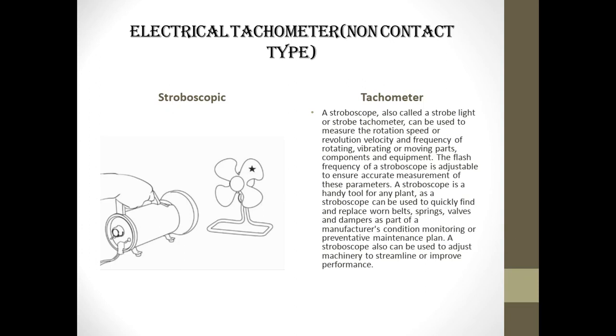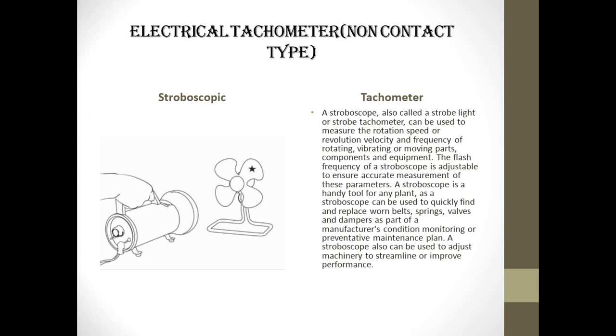The stroboscope consists of a source of light which has a variable frequency system, or the frequency can be varied or controlled. The source is known as strobotron. The stroboscopic tachometer has a lot of advantages and disadvantages. Advantage number one: this method imposes no load on the shaft.